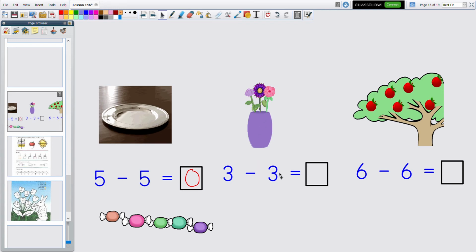We're going to take away 3. Here we go. Are you going to count with me? 1, 2, 3. So we had 3 and we took away 3. How many's left? Did you say 0? That's really good because it is 0.